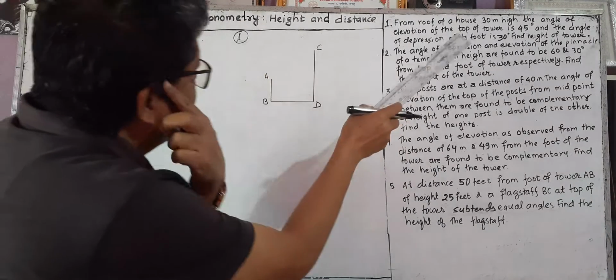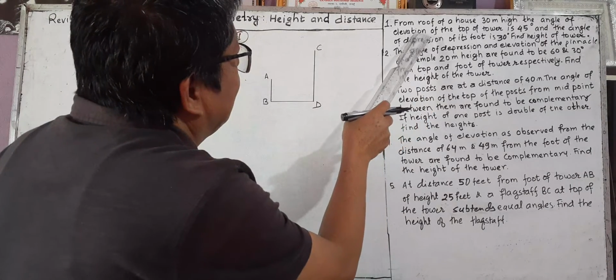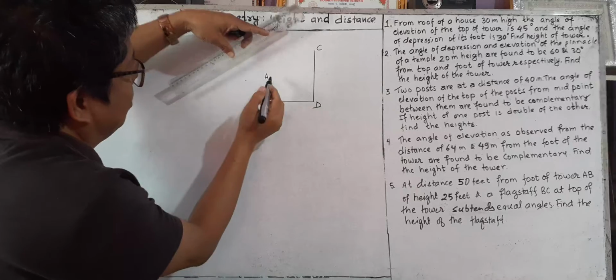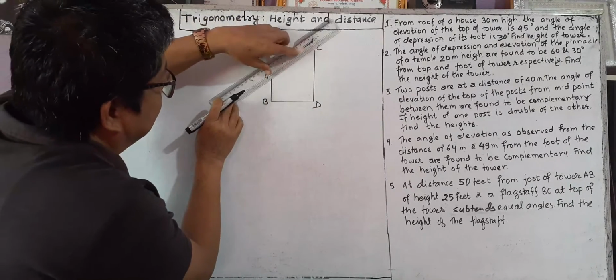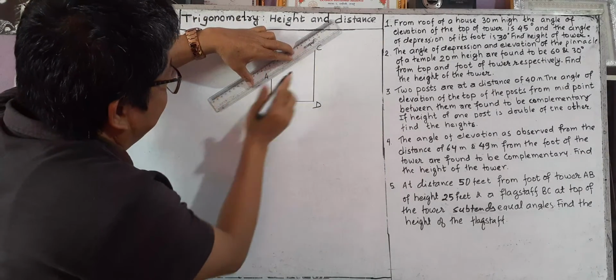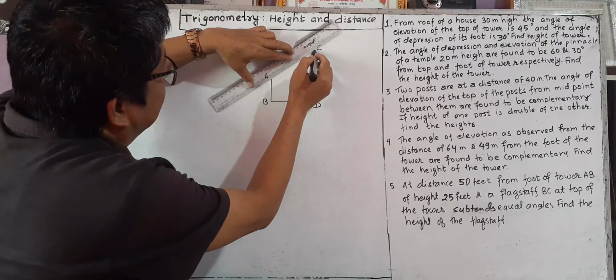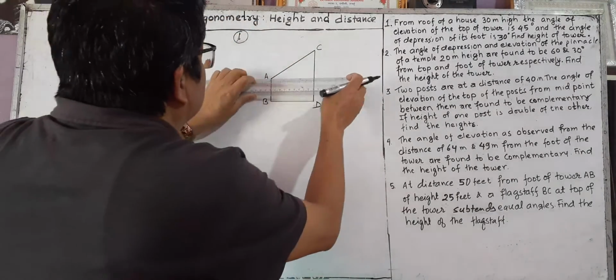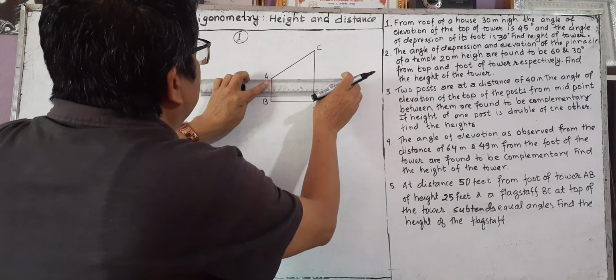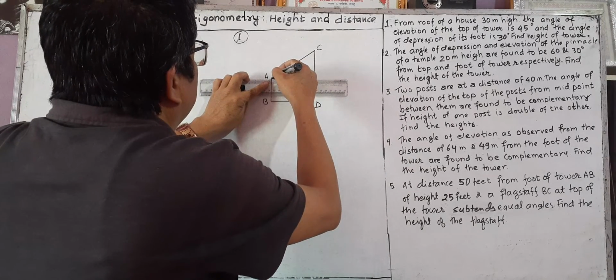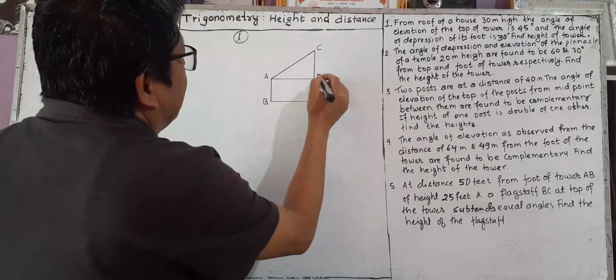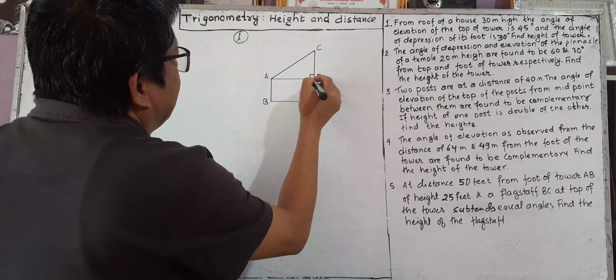So from the question, the angle of elevation of the top of the tower from the roof of the house is observed. So this is the elevation angle. Let this be E, and this is 90 degree.